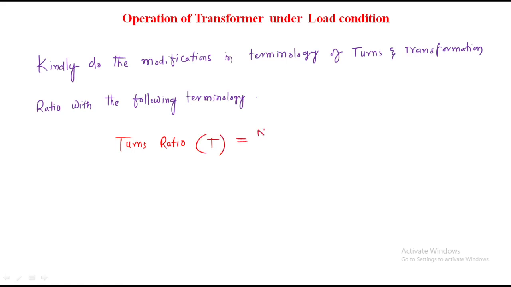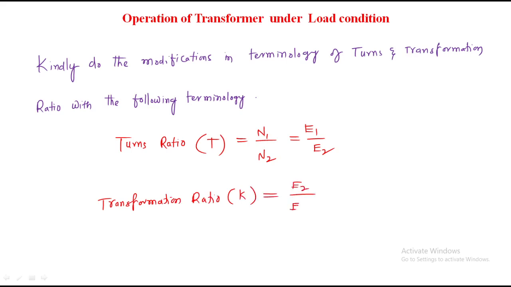T is equal to what? N1 by N2, which is equal to E1 by E2. Transformation ratio is K, which is equal to E2 by E1, which is equal to N2 by N1. The relationship between turns ratio and transformation ratio is inversely proportional.